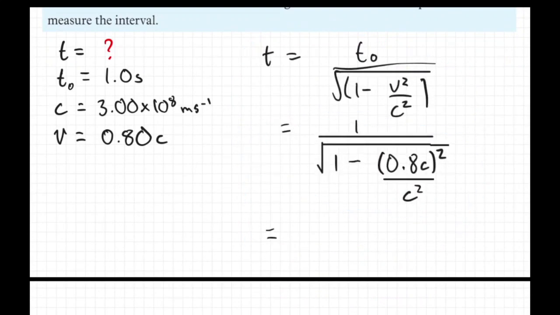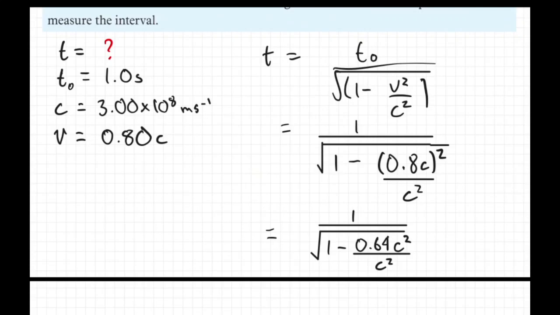Squeeze things in. 1 over square root. This becomes 1 minus, what's 0.8 times 0.8? 0.64 c squared over c squared.